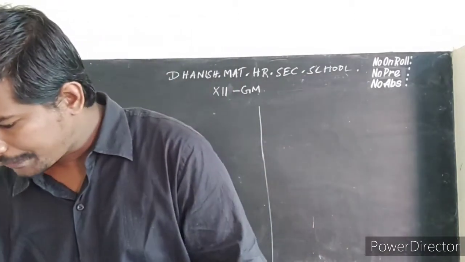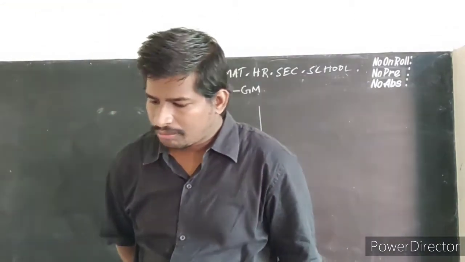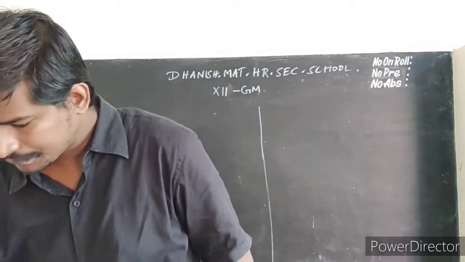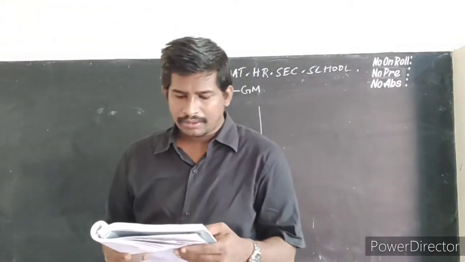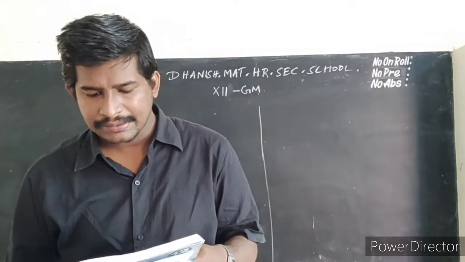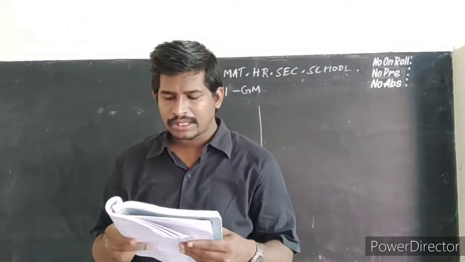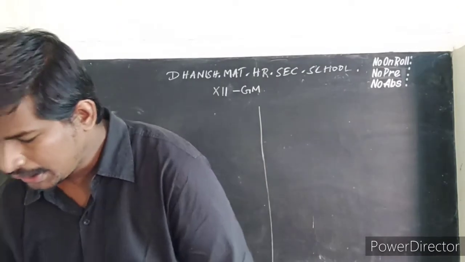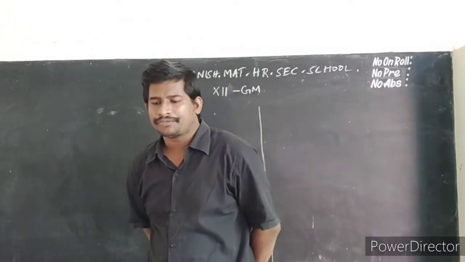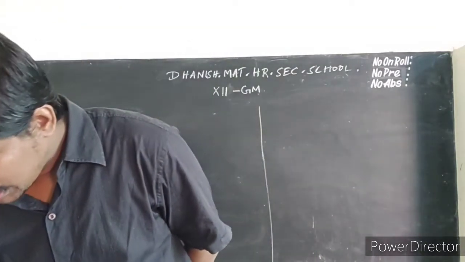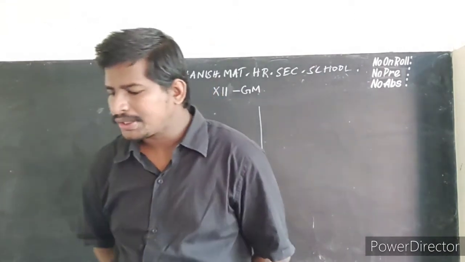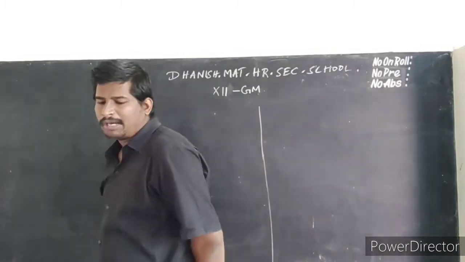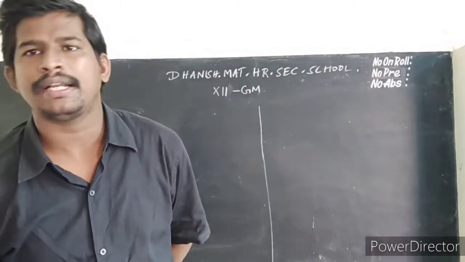Exercise 5.1. Look at problem number 3. Find the equation of circles that touch both the axes and pass through -4, -2 in general form.